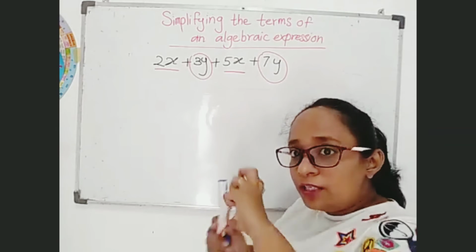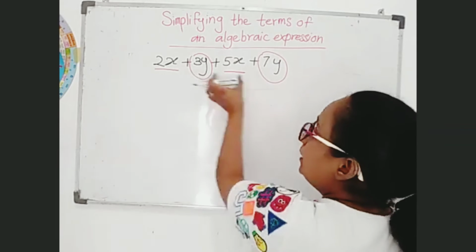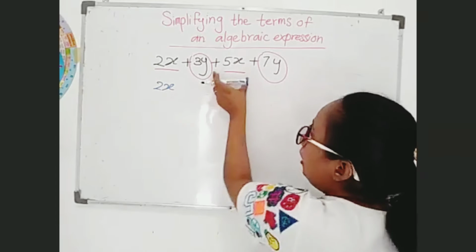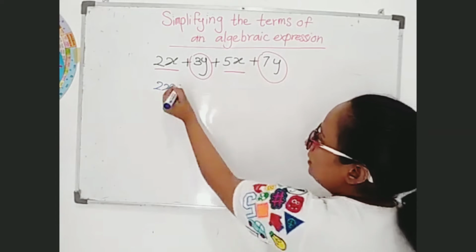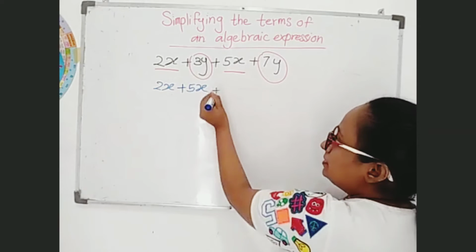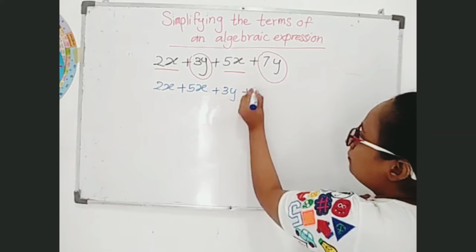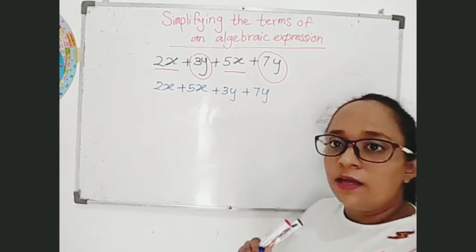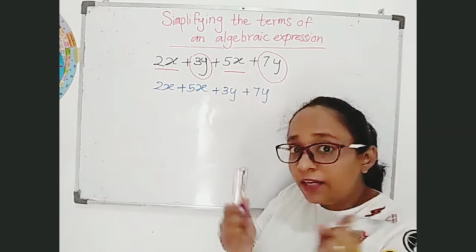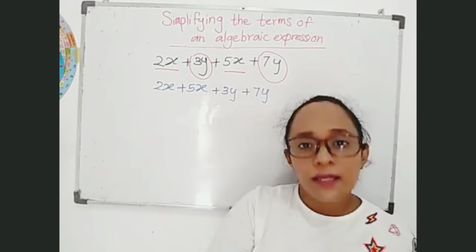I'm going to change the order and take these similar terms nearby. So 2x, and I'm taking this plus 5x here. Then I'm writing plus 3y, and I'm taking this 7y here. Now I have the similar terms nearby, like groups. Let's say girls on one side and boys on the other side.